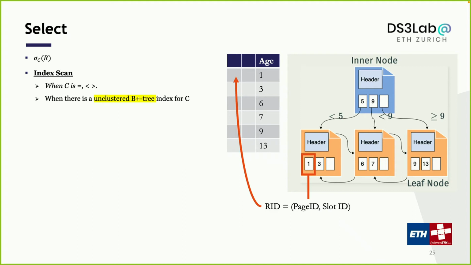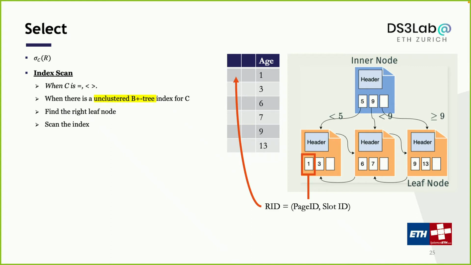So assuming there's an unclustered B plus tree for this condition, what we are going to do is find the right leaf node, and then scan this index. If the condition is equal or larger than, I'm going to scan from the left to the right.